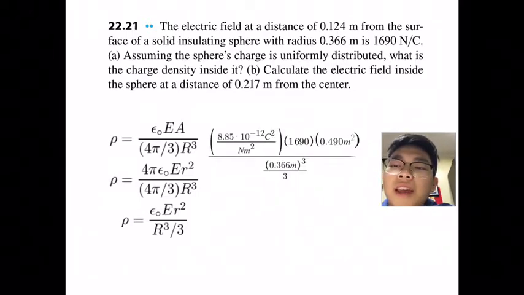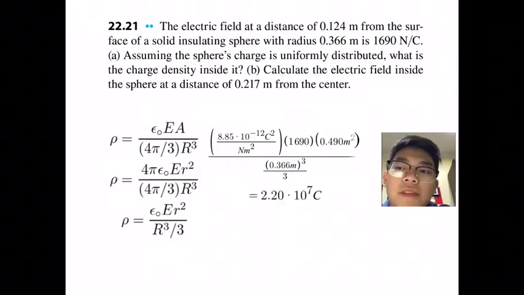For E naught, we have 8.85 times 10 to the negative 12 coulomb squared over newtons times meter squared, multiplied by our electric field, which is 1,690 newtons over coulomb, multiplied by our distance squared, which is 0.490 meters squared, divided by our radius cubed, which is 0.366 cubed, divided by 3.